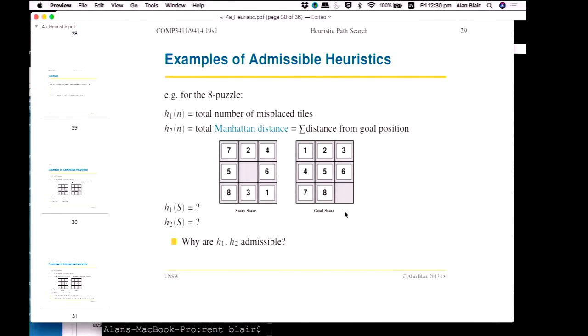You want to get as close to the cliff as you can without falling over the edge. 6 is an underestimate, but it's a very serious underestimate, much less than the true value. It's more intelligent to say, okay, the 4 is actually here but needs to be over there. What's the minimum number of moves that the 4 tile could make in order to get to its correct position?